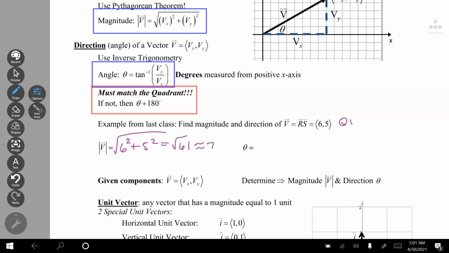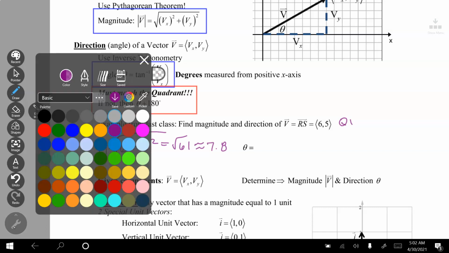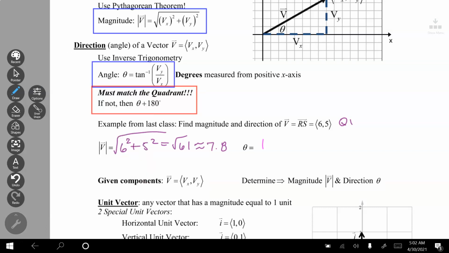It's kind of going to be the theme for this unit. 7.8 is its length, and then theta is going to be, let me change colors, inverse tangent of the y over the x, and I get 39.8 degrees, and 39.8 degrees is also in quadrant 1, so I'm good.